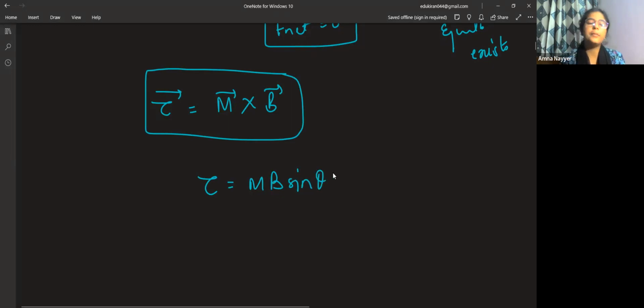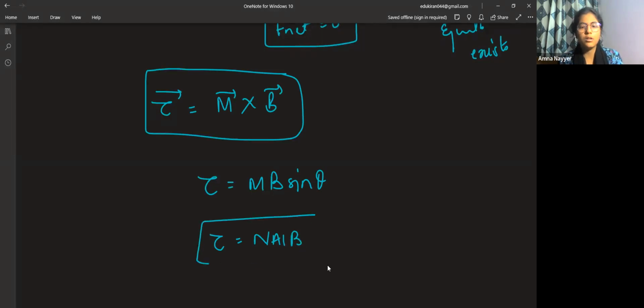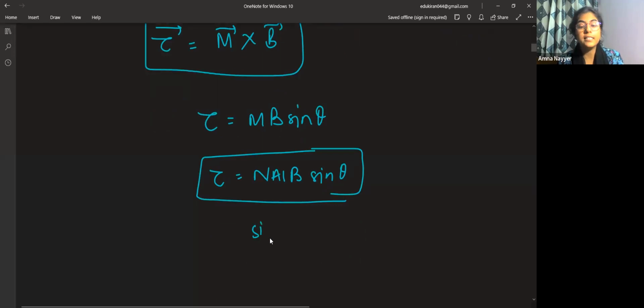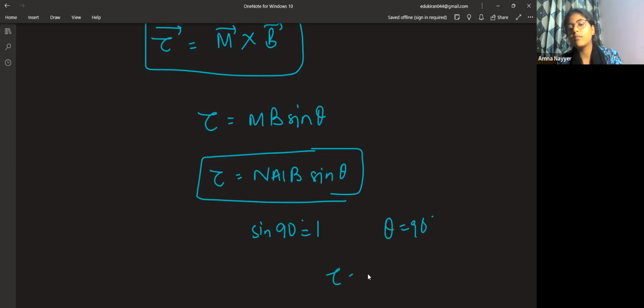This is MB sine theta. M also we have written as NAI. So torque is NAIB sine theta. If sine 90 is present, you can equate it to 1. When your theta is 90 degrees, the torque will be the greatest, that is NAIB.